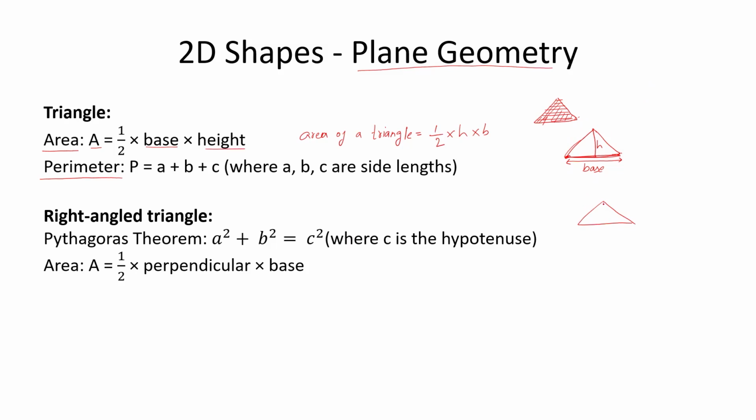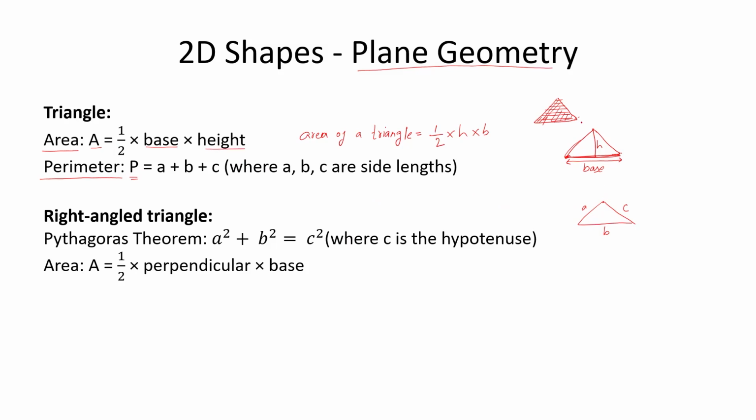So let's say the length of this side is A, the length of this side is B, and the length of this side is C. Then perimeter, denoted by P, is equal to A plus B plus C, right? Because you have to cover all the sides and come back to the initial point.